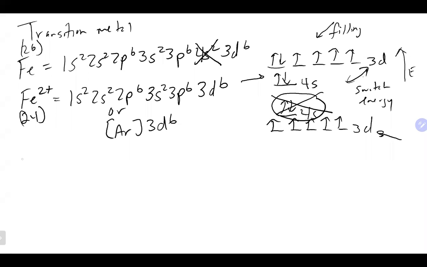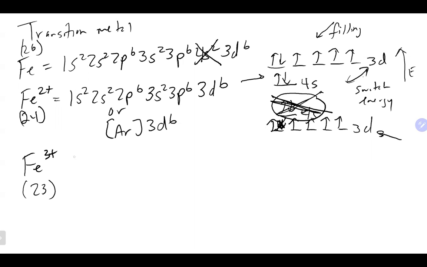Okay, so what happens if we go to iron with a +3 charge? How many electrons would that one have? It would have 23. So the same thing is going to happen. It's going to first lose the s's, but at this point, it still needs to lose one more electron, right? And now with the s's out of the way, the next highest electrons would be the d's. So it would then take out an electron in the d orbital next.